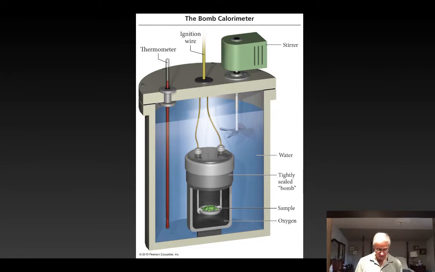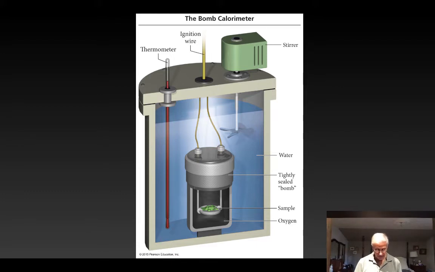Everything is stainless steel in here. You have your sample sitting down here. There's going to be a little wire that goes down and touches the sample to help ignite it. Inside the vessel is usually oxygen at pretty high pressures, somewhere around 10 to 15 atmospheres of pressure of oxygen to ensure complete combustion when the material does ignite.